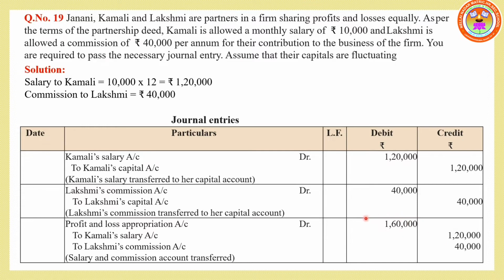That means payment of salary and commission to the partners is an expense for the business. So 1,60,000 debit, to Kamali's salary account credit 1,20,000, to Lakshmi's commission account credit 40,000. So the salary and commission accounts are transferred.